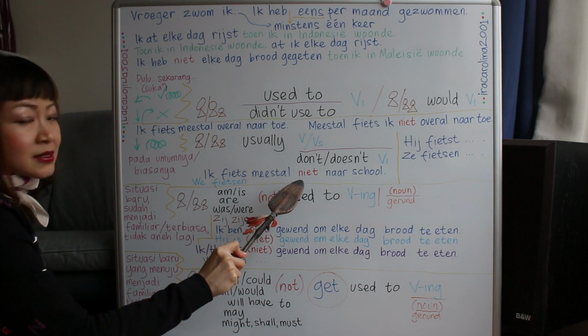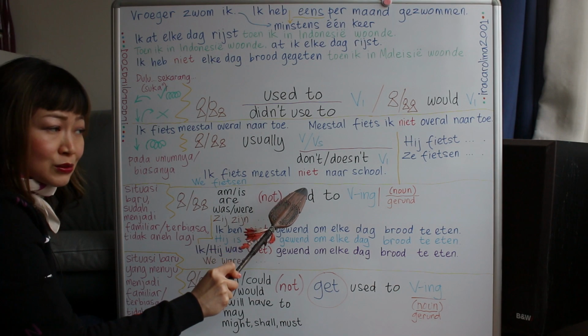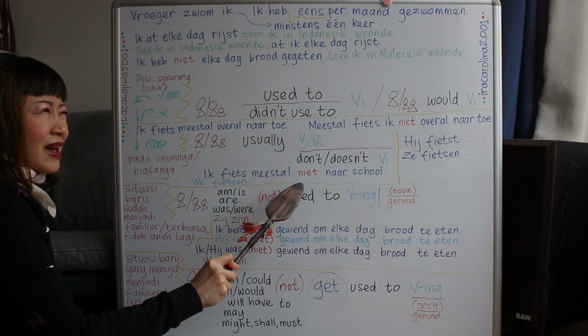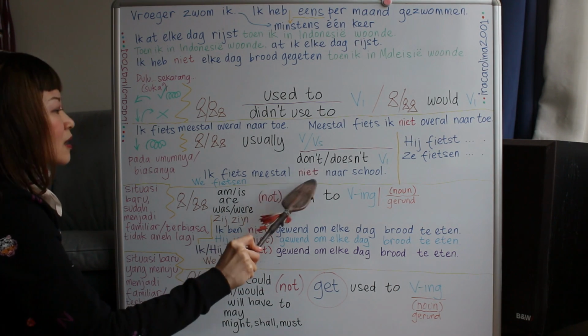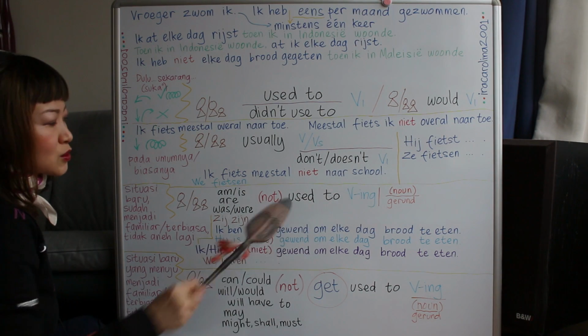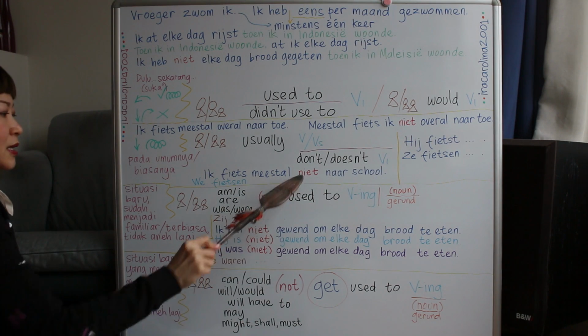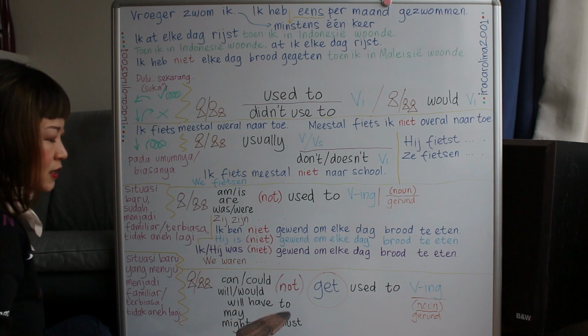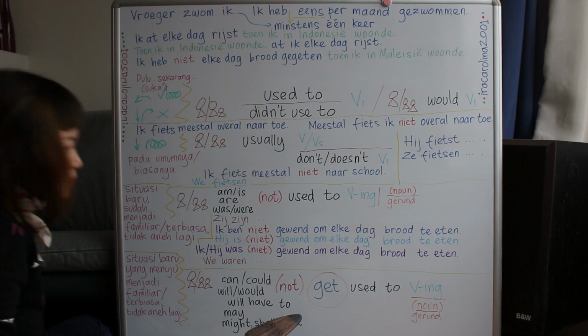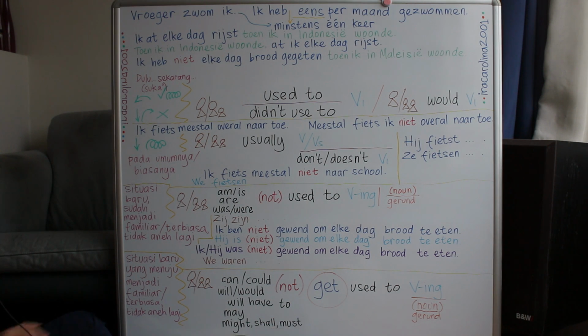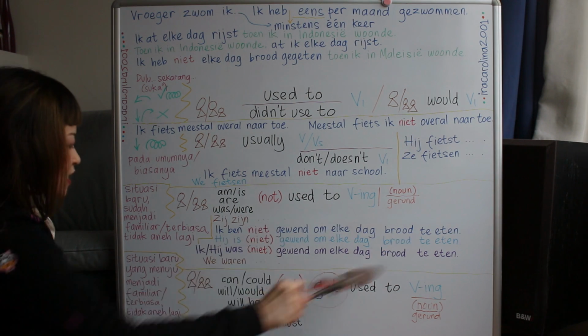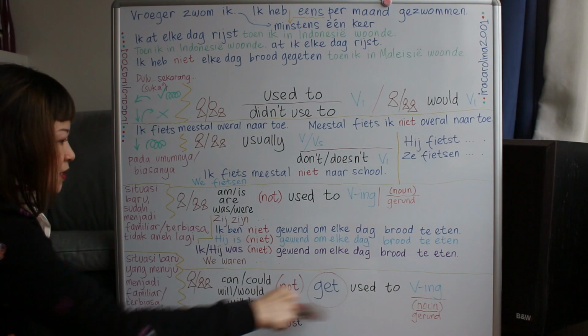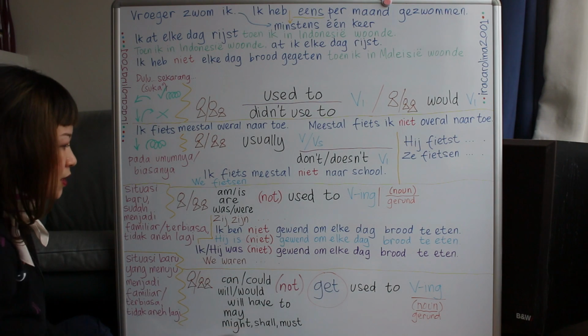As an exception, or excluding, niet naar school. Exclude to school. Not to school. And now this part, because we will skip this, we will do it in the next video.